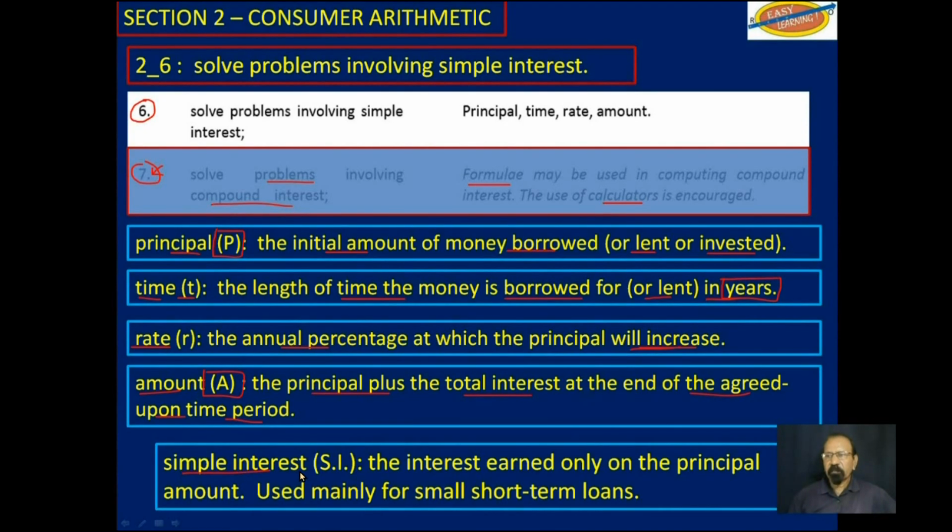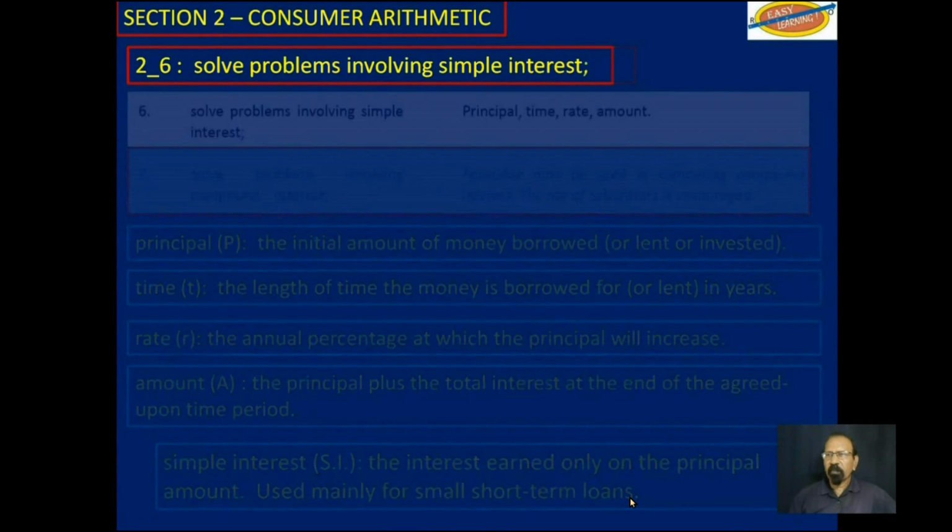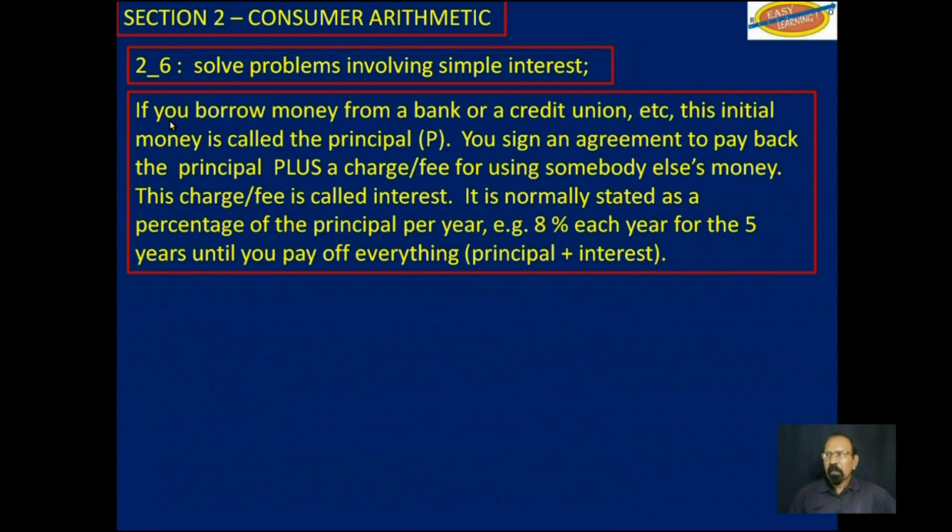Simple interest, SI, is the interest earned on the principal amount. It is used mainly for small, short-term loans. So if you borrow money from a bank or a credit union, etc., this initial money is called the principal, as we just talked about.